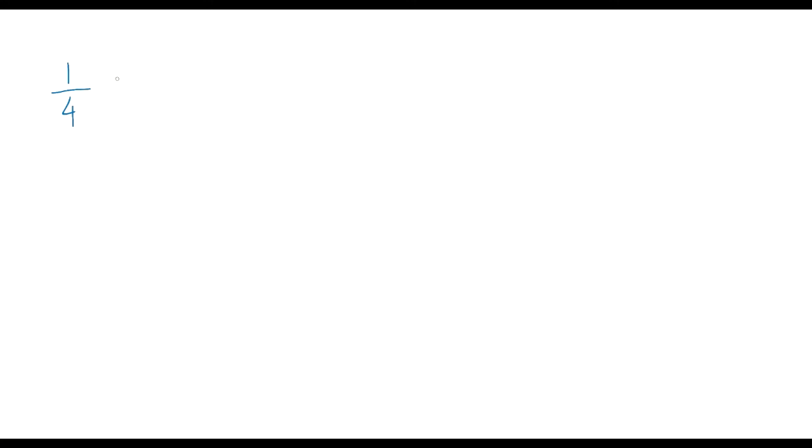So this is called a proper fraction. When you have a smaller integer on the top and a larger integer on the bottom, that kind of fraction is a proper fraction.